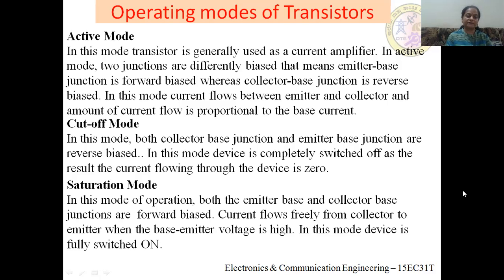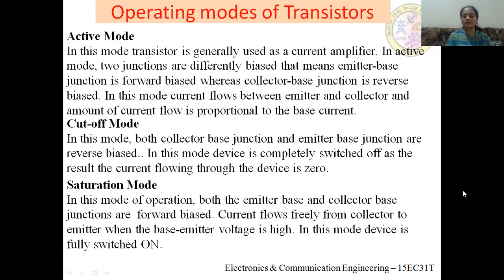What are those modes? The first one is an active mode. When you want to operate a transistor as an amplifier, it should be operated in an active mode. Let's know what an active mode is. In active mode, the 2 junctions, that is input junction and output junction, are biased in a different way. That is, input junction, emitter base, is forward bias, whereas the output junction, collector base, is reverse bias.